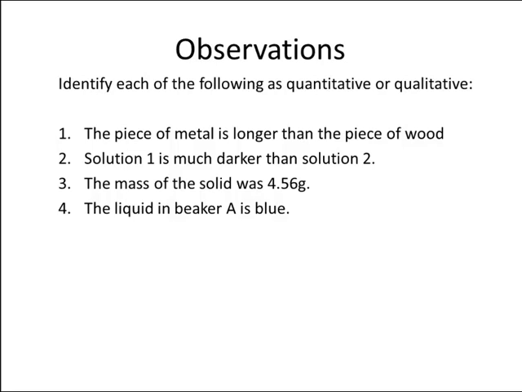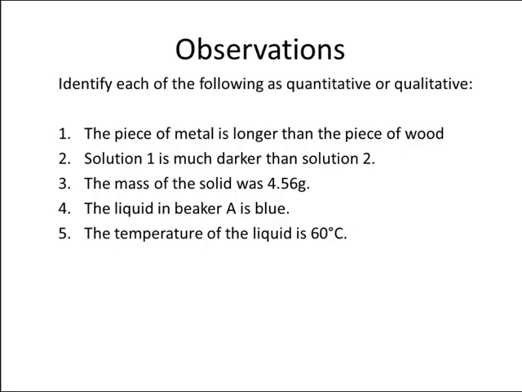Well, those would be qualitative observations since there's no numerical measurements involved. Number 5. The temperature of the liquid is 60 degrees Celsius. That would be a quantitative observation as there is a numerical measurement involved. So this gives you a basic idea of quantitative versus qualitative.